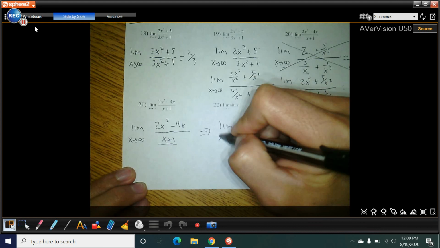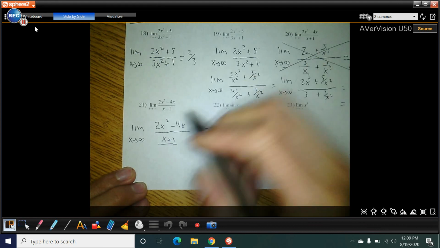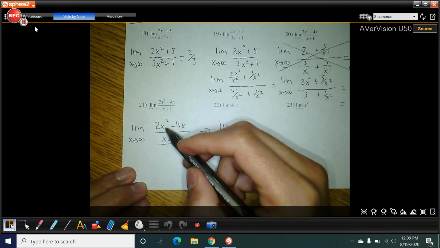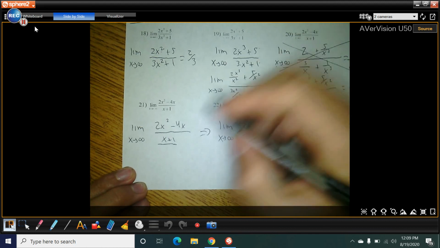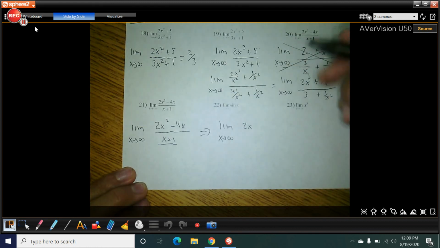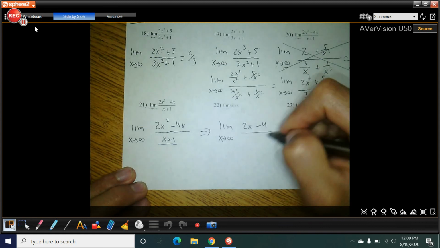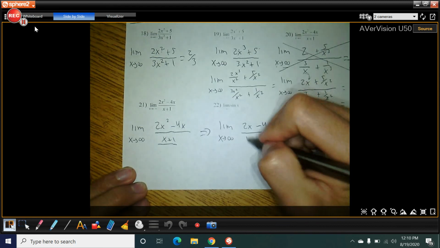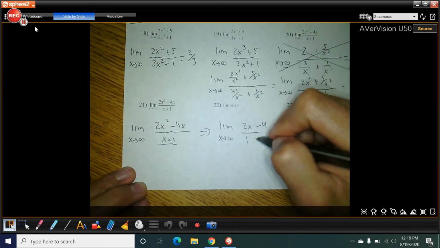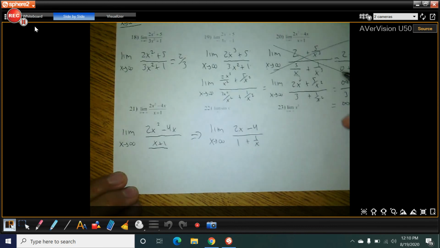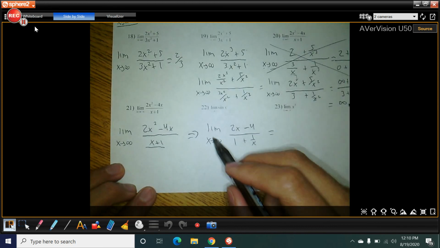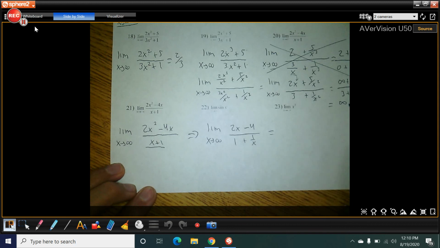So I'm going to rewrite this as the limit as x approaches infinity. 2x squared divided by x would give you a 2x. Negative 4x divided by x would give you a minus 4. x divided by x would give you 1. And then 1 divided by x would give you 1 over x. So I'm going to go ahead and try what we did on the previous example. I'm going to substitute or think about trying infinity here.